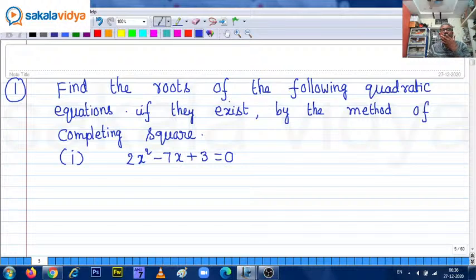Find the roots of the following quadratic equation if they exist by the method of completing square. As we are asked by the method of completing square, it is mandatory to do it with the method of completing square only. Don't apply factorization, even though we can apply the factorization, but according to the question we need to do this by the method of completing square itself. So let us do it now. Same process what we have done earlier.